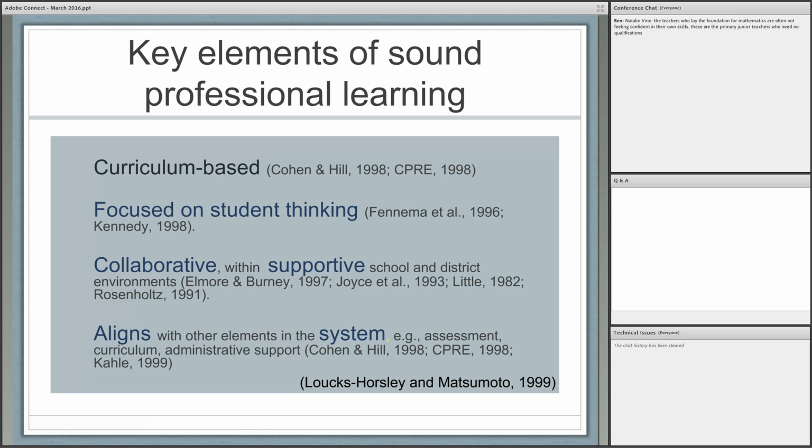Another is that it should be collaborative, and it should be within supportive school and district environments. And collaboration is key. And that doesn't mean mandated collaboration. So in other words, okay, we've got to all work together because I read somewhere that this is the best way to do it. It is about teachers working collaboratively on things that they want to work on.